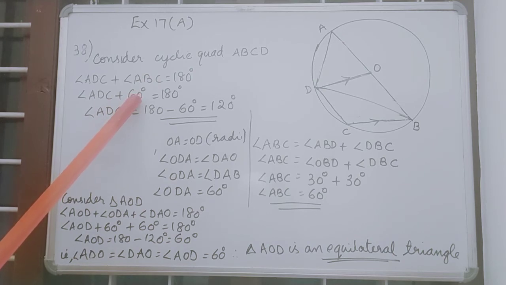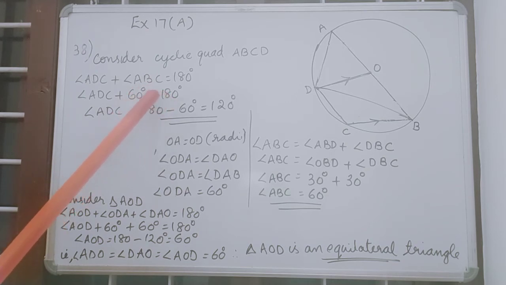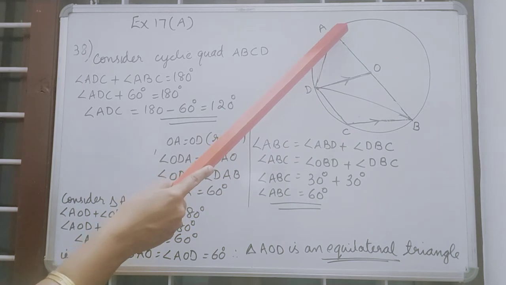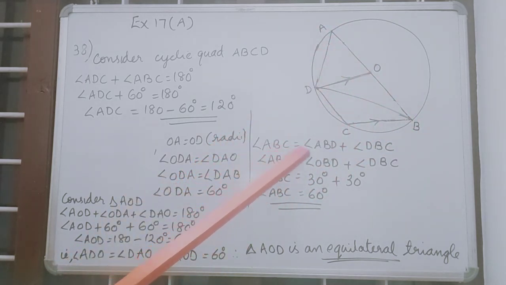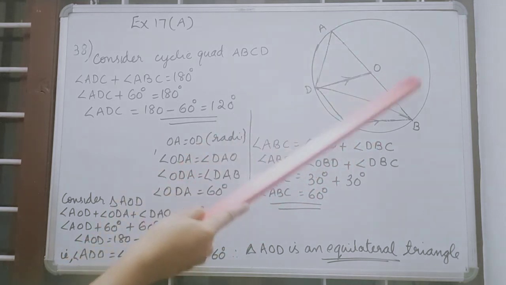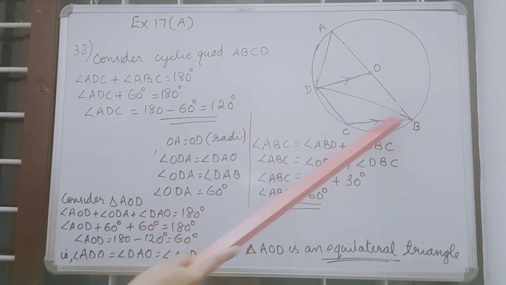So first we want to prove angle ABC. So angle ADC plus, we will get angle ABC as 60 degree. So how are we getting this 60 degree? For that, look at angle ABC. ABC is a sum of two angles. Which are the two angles? ABD plus angle DBC.